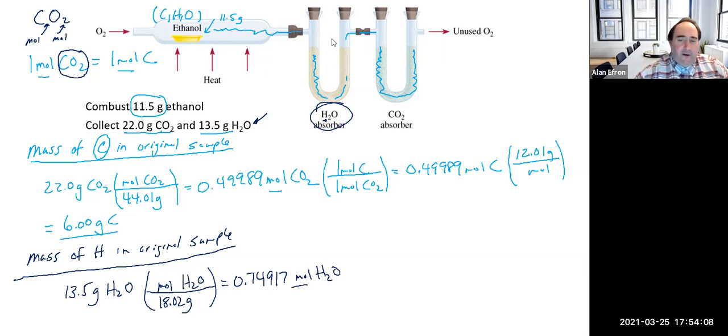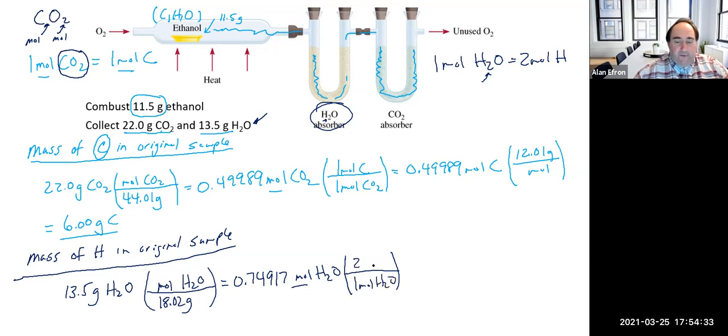So now that we have this in moles, we can again use the formula for water. And what we see on water's formula is in 1 mole of H2O, there are 2 moles of just hydrogen. So again, using the formula and those subscripts as conversion factors is going to allow us to go from the moles of water that was collected to how many moles of just hydrogen that would be.